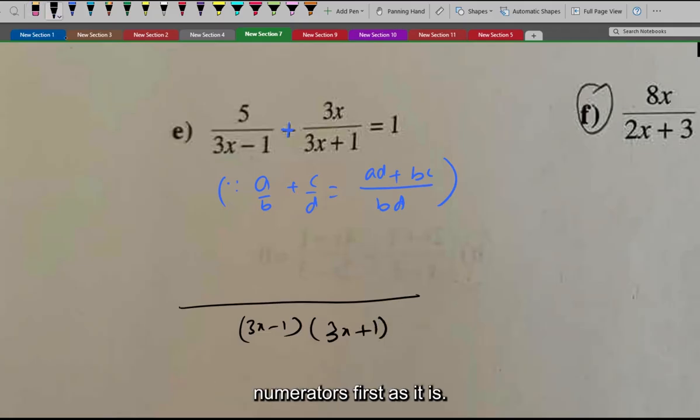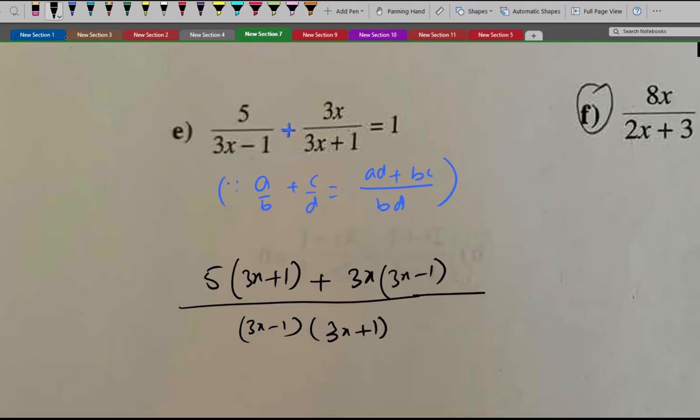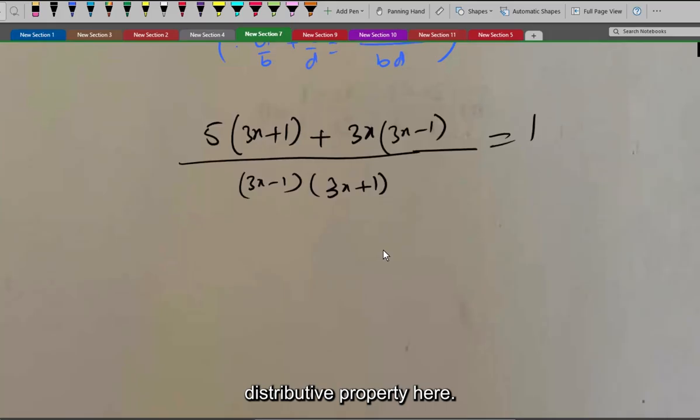And we just write down the numerators first as it is. And 3x minus 1 and 3x minus 1. So we write the other one. That's going to be 3x plus 1. For 3x plus 1 denominator, we would write the other one. That is going to be this one, 3x minus 1, equal to 1.